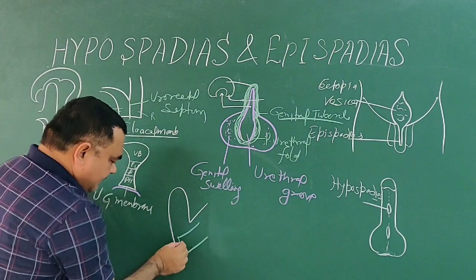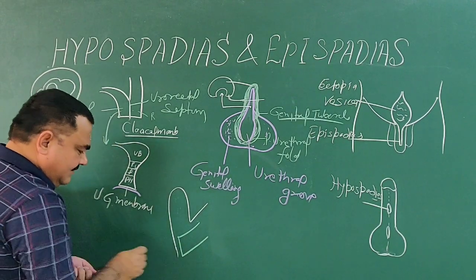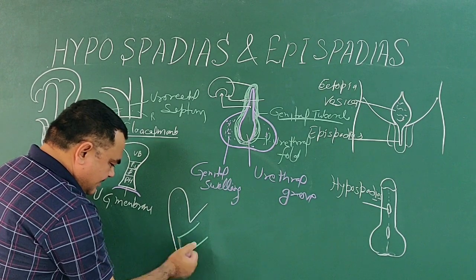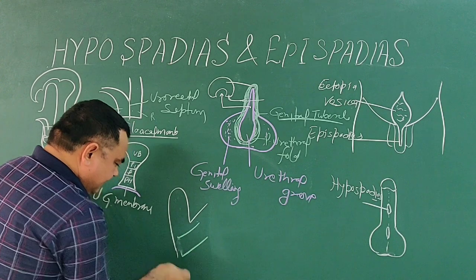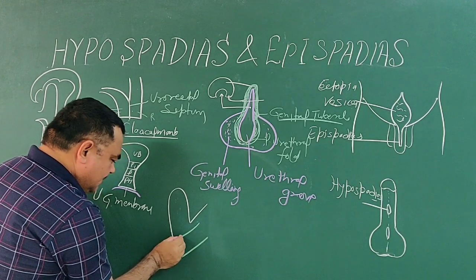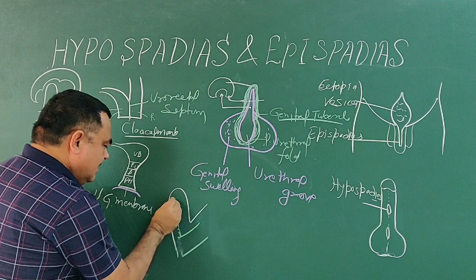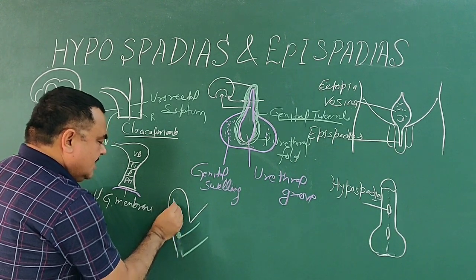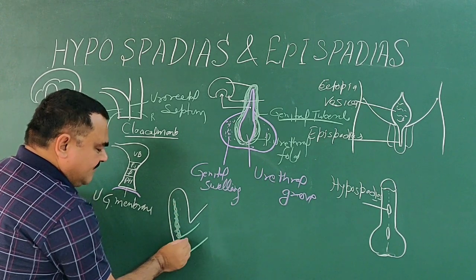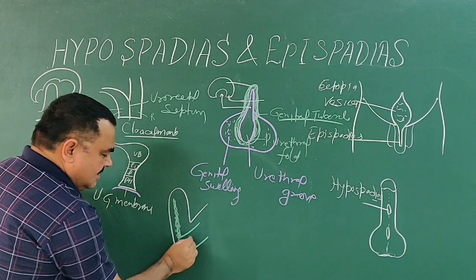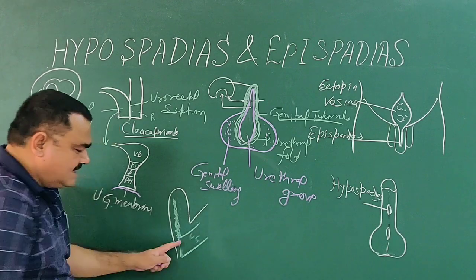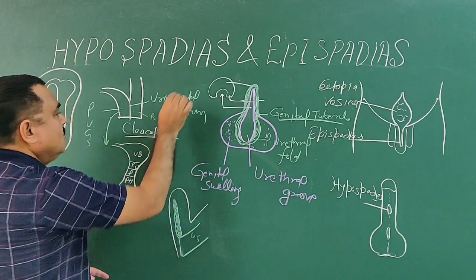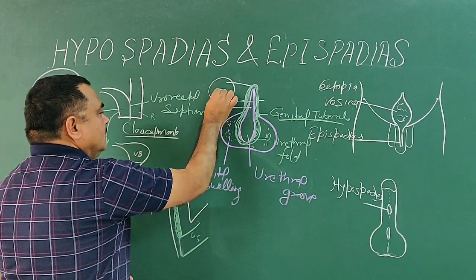Here this is the endodermal line, this is the ectodermal line, and ultimately this becomes open. Before opening, initially a solid mass is formed by endodermal cells of the urogenital sinus, which grow into this groove.